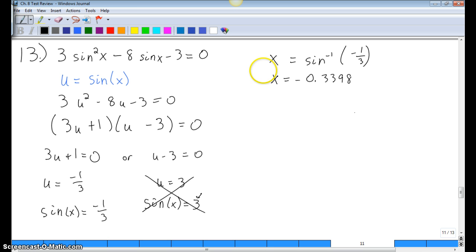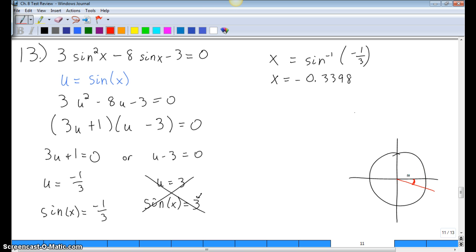The problem with this answer from your calculator is that our instructions say find all solutions from 0 to 2 pi. And this negative number is not within 0 to 2 pi. So if we look at our unit circle very briefly, we're looking at negative 0.3, so we're somewhere down here.